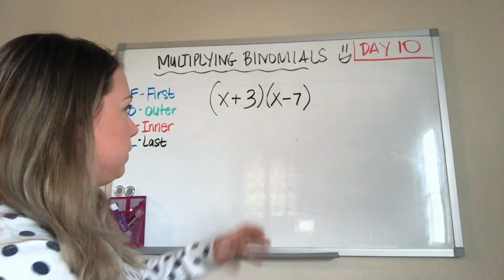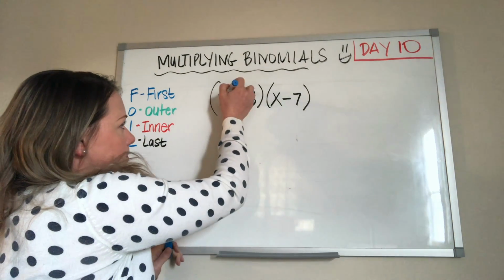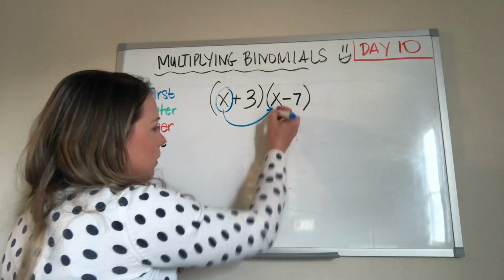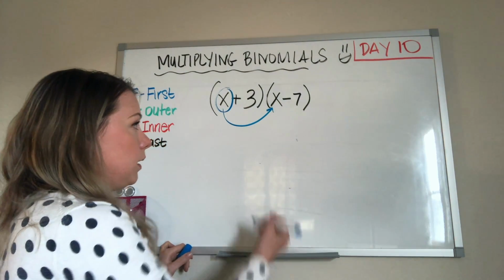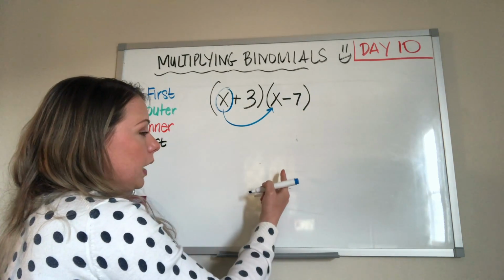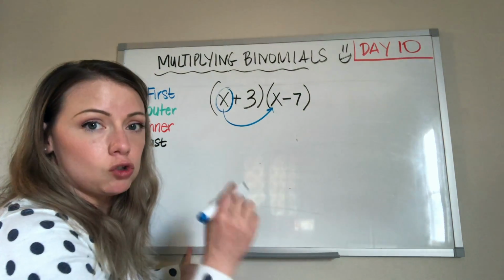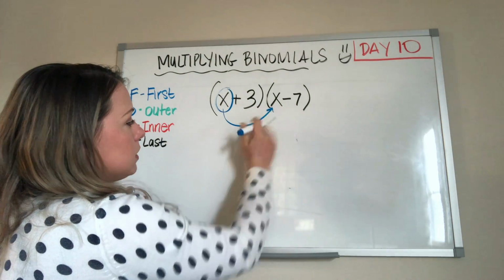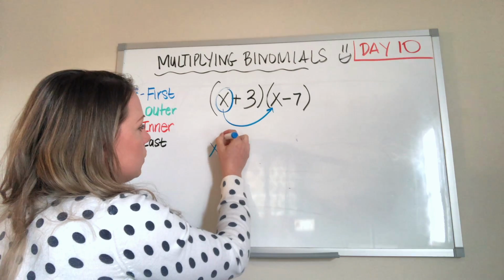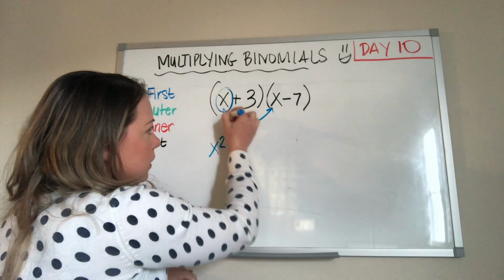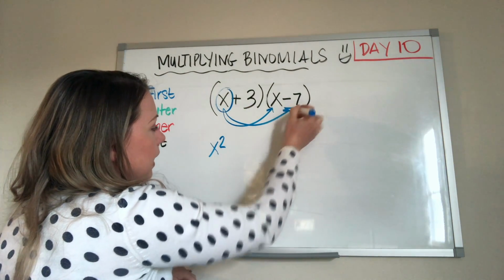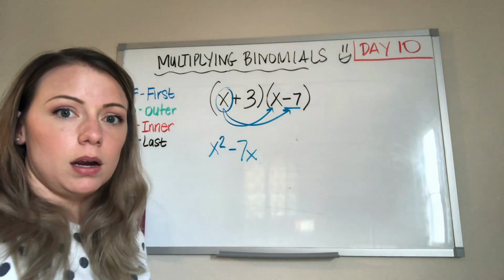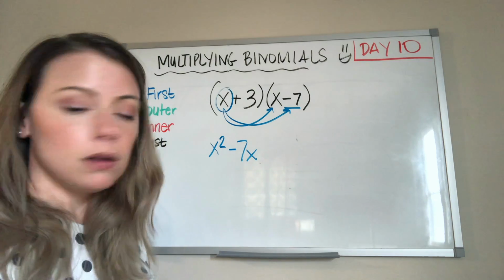And if I know that they're multiplying, I can take the very first term and multiply it by each term one at a time as though I'm distributing it. If this 3 wasn't here, I'm going to distribute the x to x, which would produce x squared. And then I'm going to distribute x to negative 7, and I would get negative 7x. So far so good.